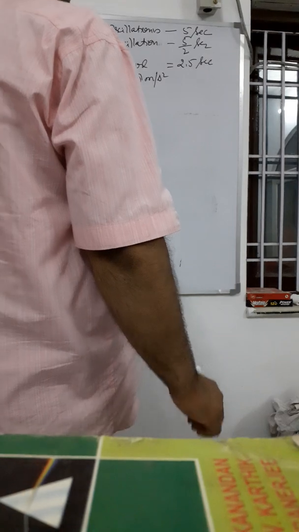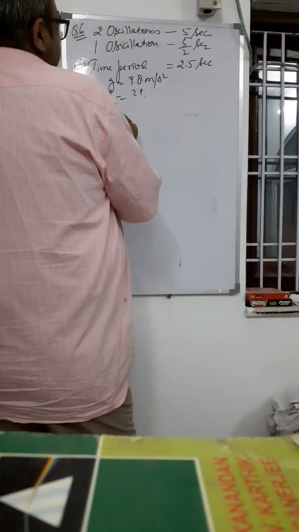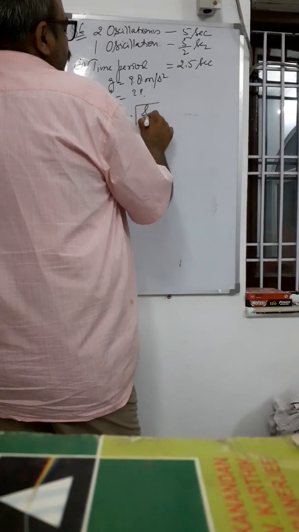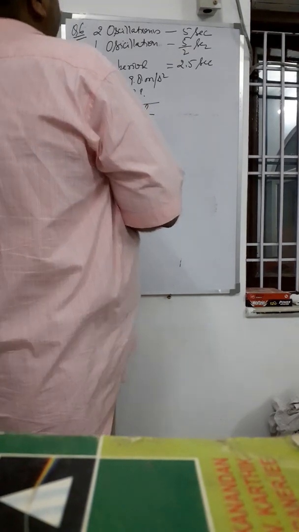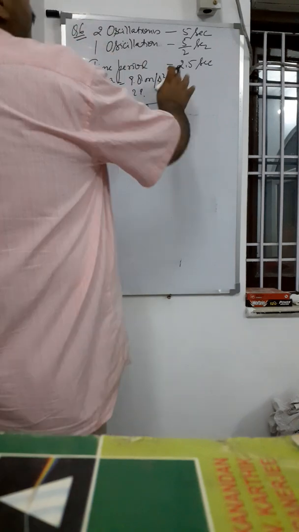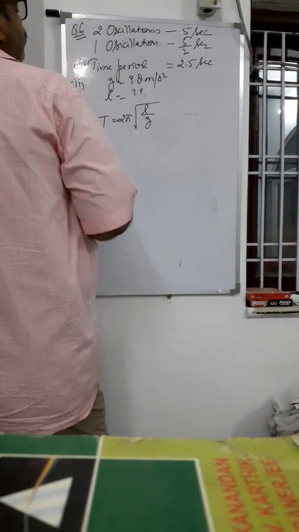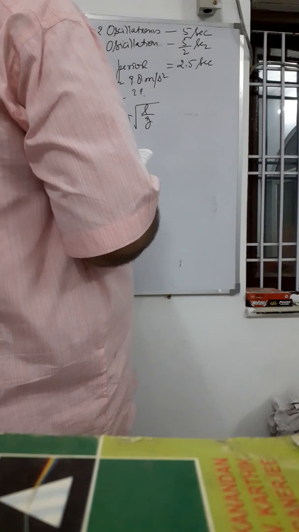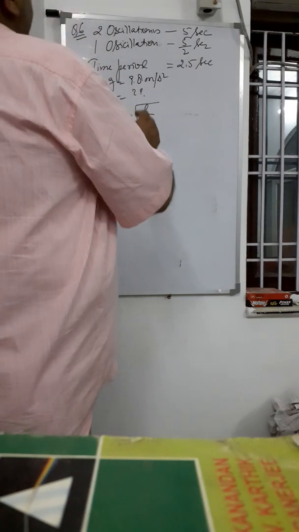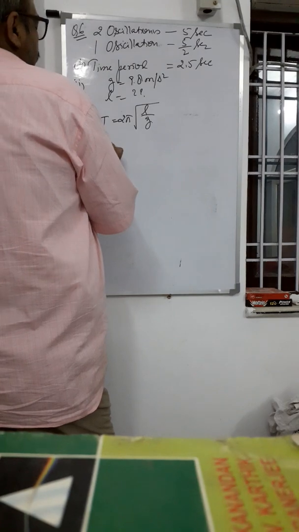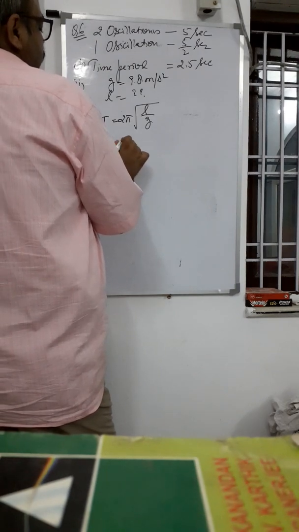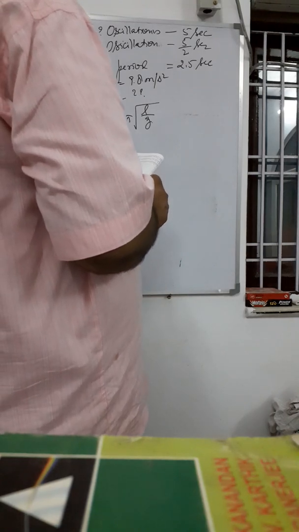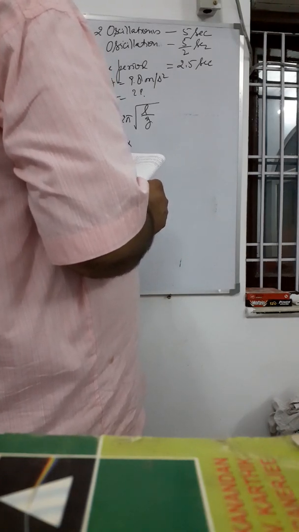So again we write T is equal to 2 pi under root L upon G. Time period is 2.5, you use that. So 2.5 is equal to 2 into the value of pi.